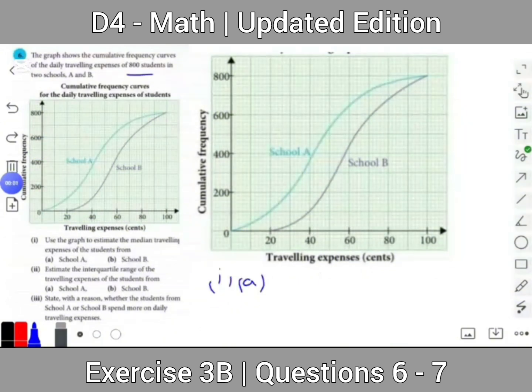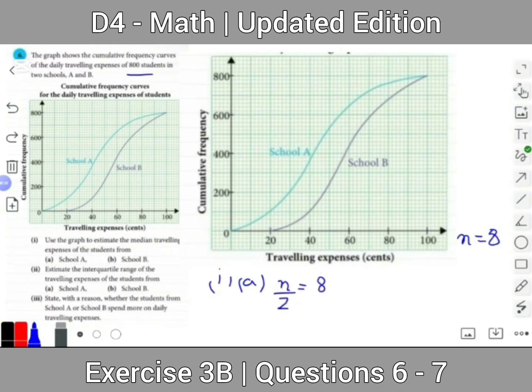Since n is equal to 800, to estimate the median from a cumulative frequency curve, we find the position of the median by using n over 2. So n over 2 will be equal to 800 over 2, and it will be equal to 400.